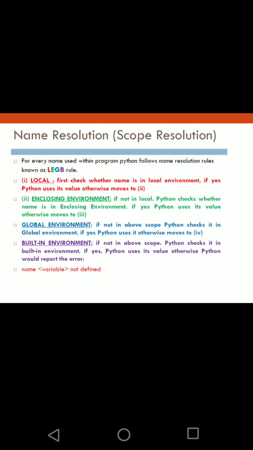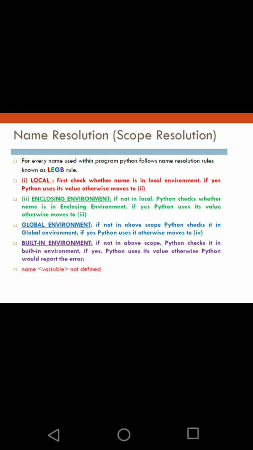Now, how will the program resolve the scope? When the Python program encounters a variable, it first looks whether it is a local variable, that means whether it is inside the function. If it is not there, it checks whether it is in the enclosing environment, that means outside the function but still a part of the program.